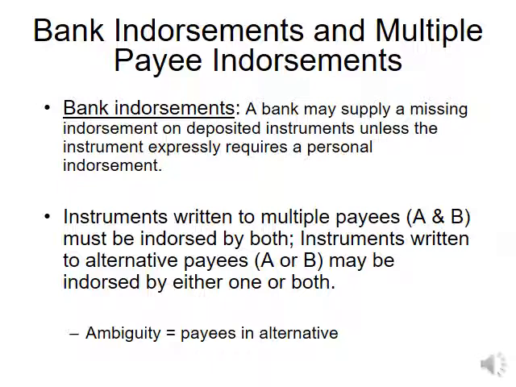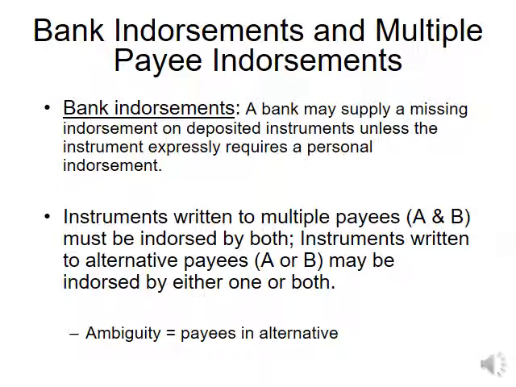This rule that I have, I need to add to it. So it depends on whether you're dealing with the UCC. If you're dealing with the UCC and there's an ambiguity, so let's say it says pay to A-B on the front of the negotiable instrument, that's not clear whether it's a multiple or alternative.